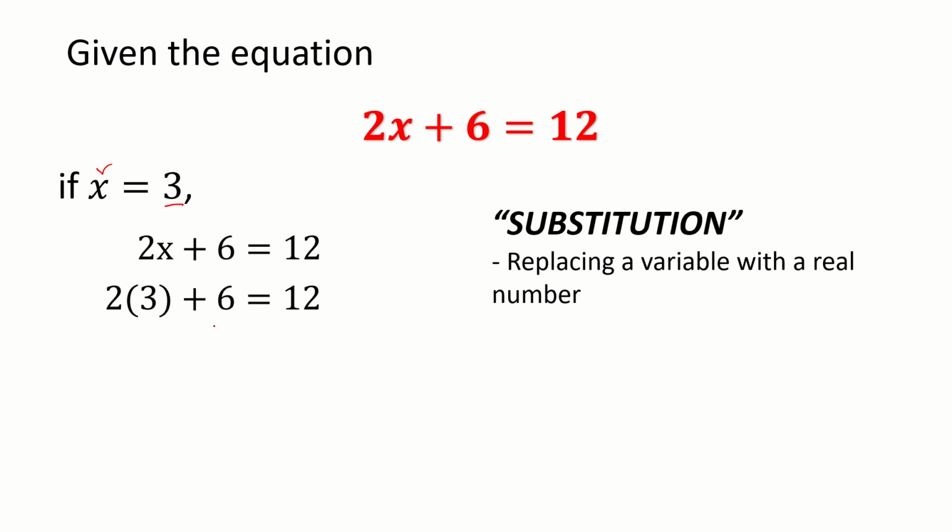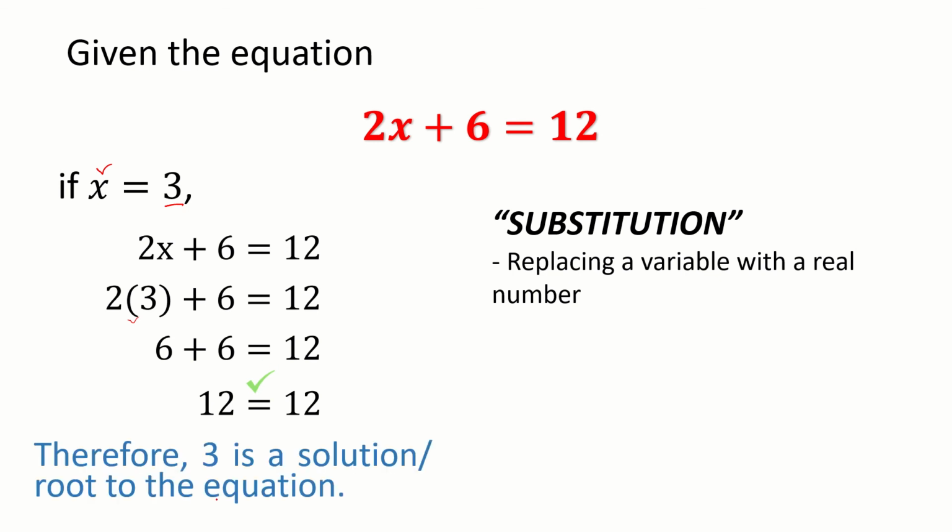Then we just have to follow PEMDAS based on what we know before. So the left-hand side: 2 times 3 is 6. Then finally, you add the 6, you get a 12. As you can see, the left-hand side of the equation and the right-hand side of the equation are both the same. Therefore, it's equal.